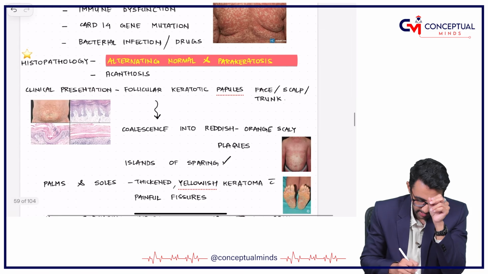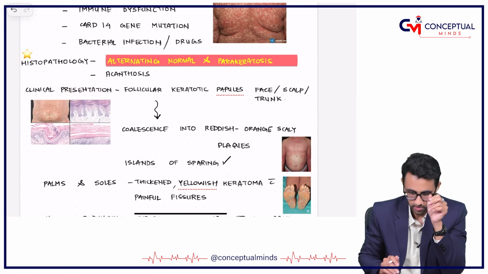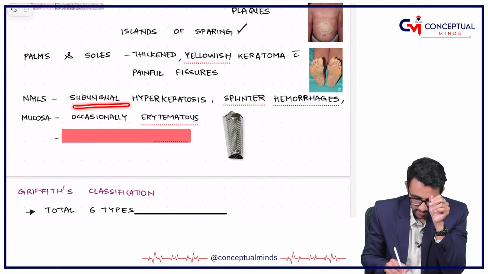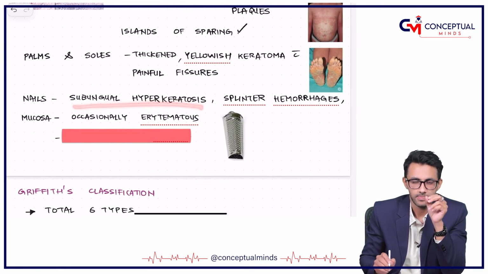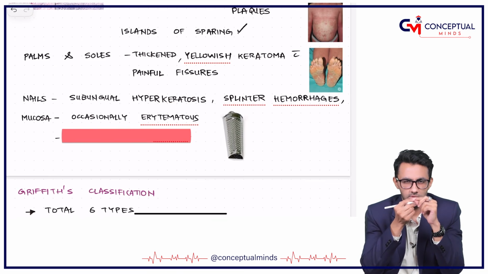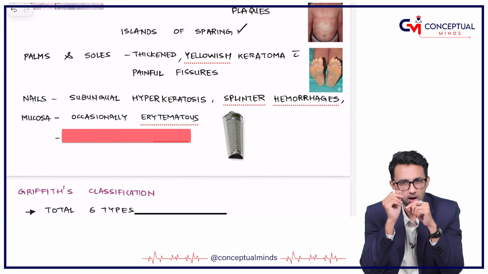That was one thing. We correlate these two things together. And what nail findings do we see? Subungual hyperkeratosis. You remember that image? Subungual hyperkeratosis because of the excessive proliferation of the basal layer of the nail. The nail was being pushed up, right? And the name of that finding was onycholysis.